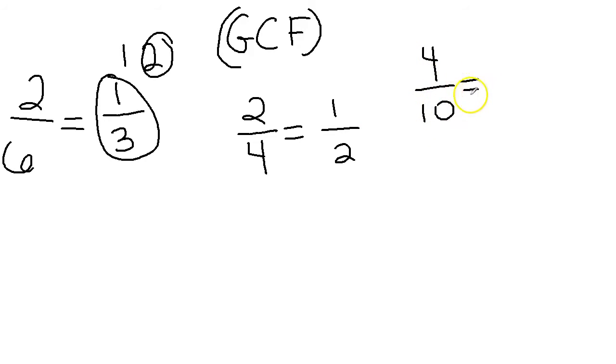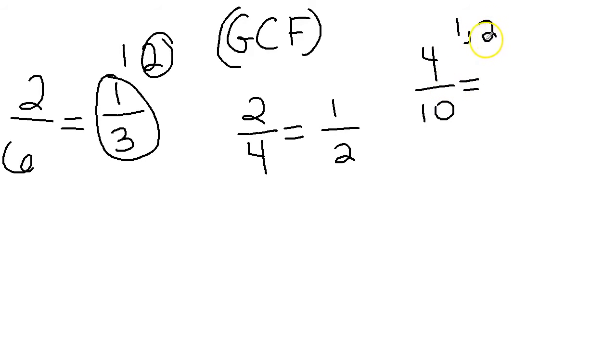4 over 10. What is the greatest common factor of 4 and 10 to be able to simplify and reduce this fraction? We can start at 1, which is always a common factor, but is the lowest.